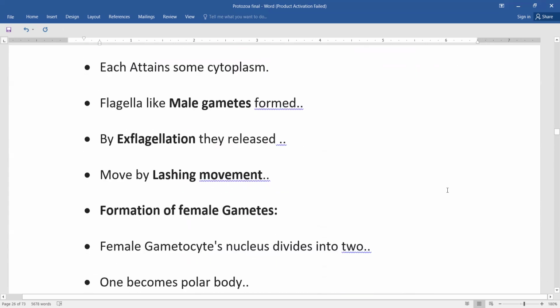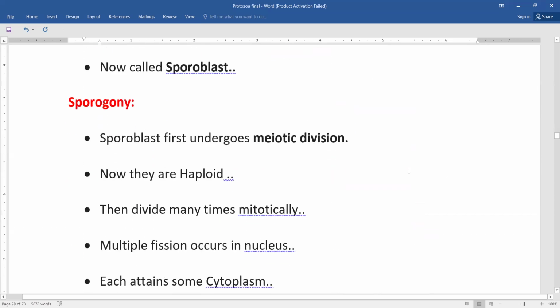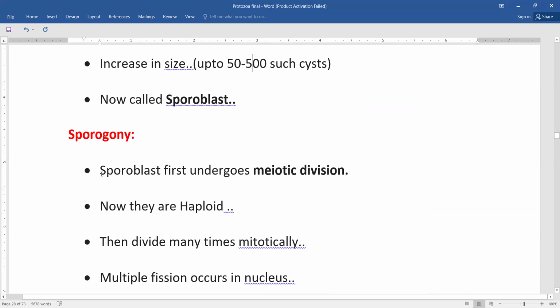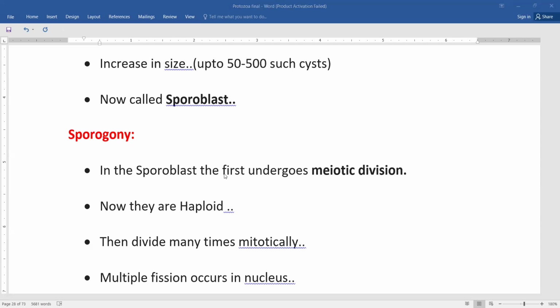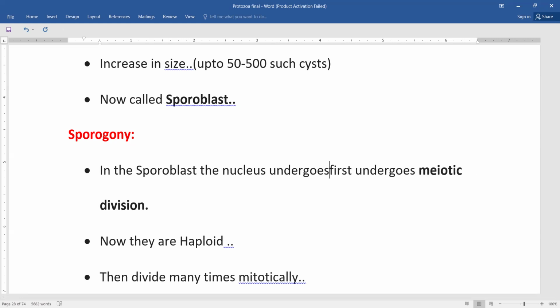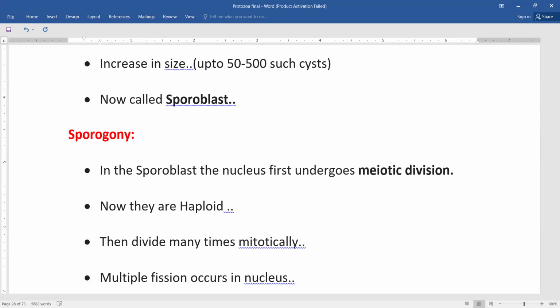Then comes sporogamy. The sporoblast nucleus first undergoes meiotic division, because now the diploid nucleus is present.